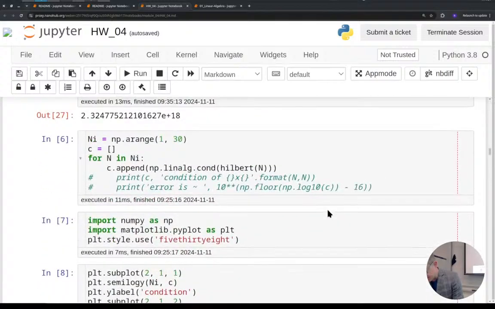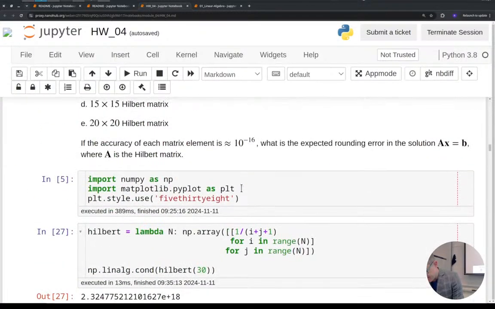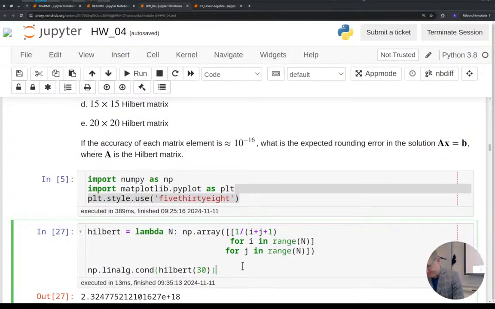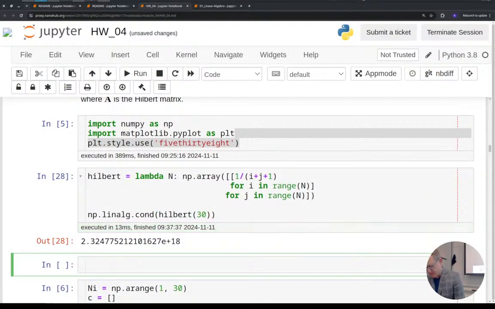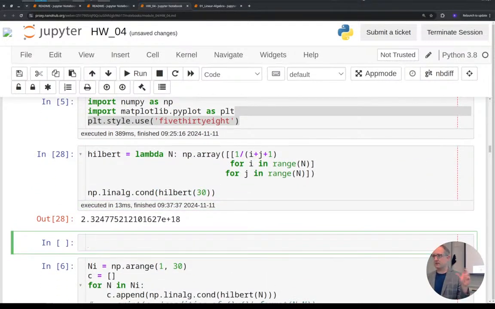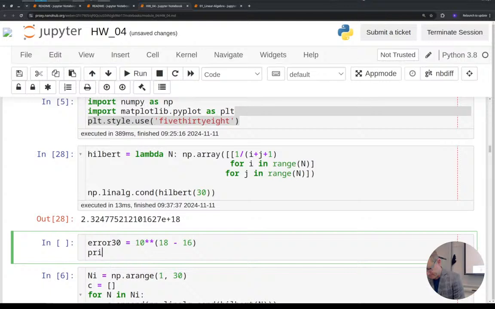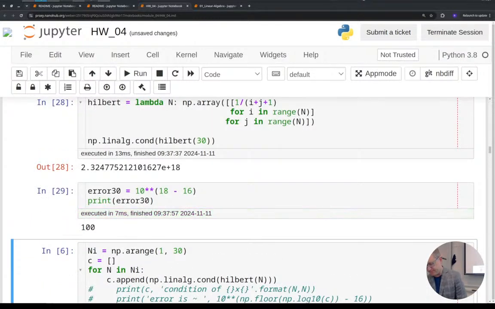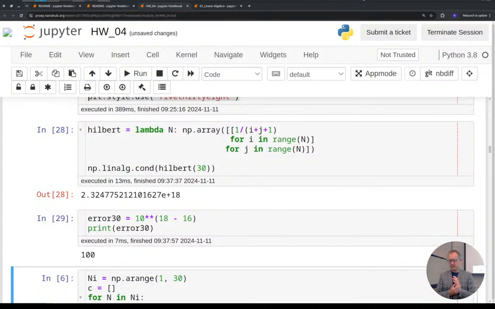Oh wait, I skipped over it, sorry. So right now, if I know the condition number is roughly 10 to the 18, the error for that 30 by 30 is 10 to the 18 minus 16. Yeah, 100 for that one.